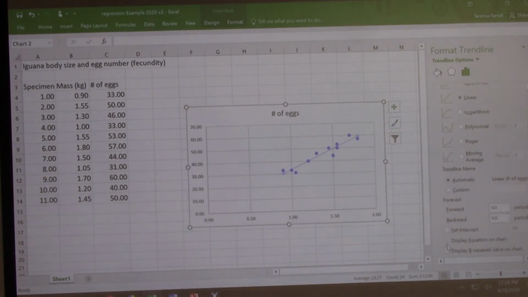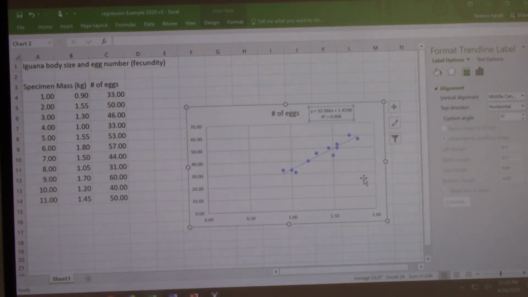And we're going to display the regression equation on the chart and also display the R-squared value because we want to know basically how well the data fit that line. If R-squared was exactly 1, all those data points would fall on a straight line. There's some scatter here, and so R-squared is 0.906.